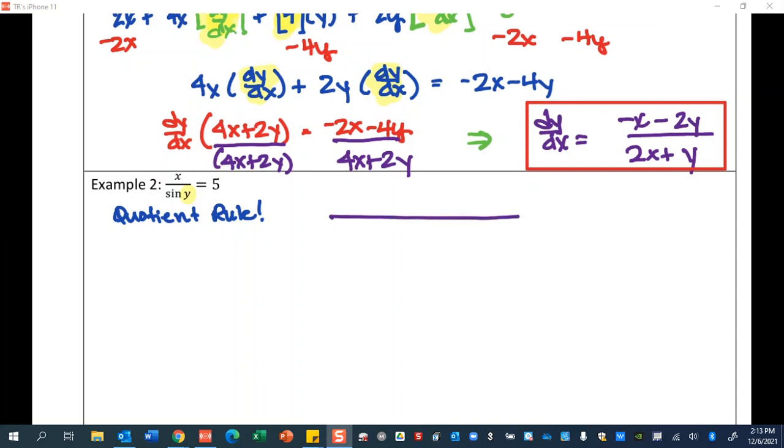I love it. So my low is my sine of y. D high, what is the derivative of x? Low d high minus, and then I'm going to say high. And then what is the derivative of my low?